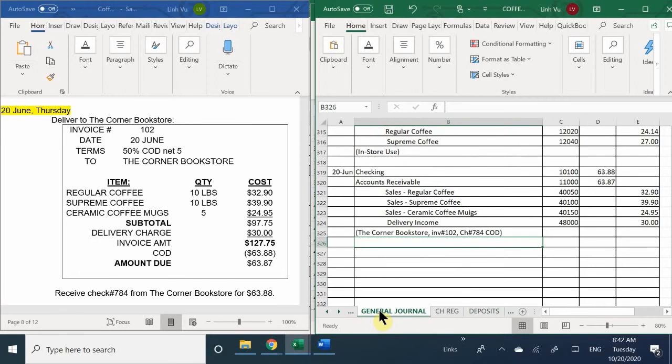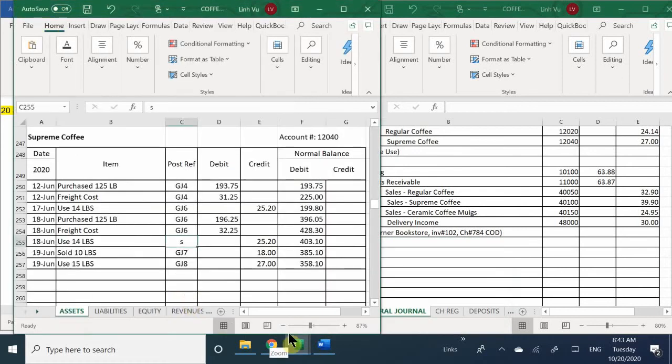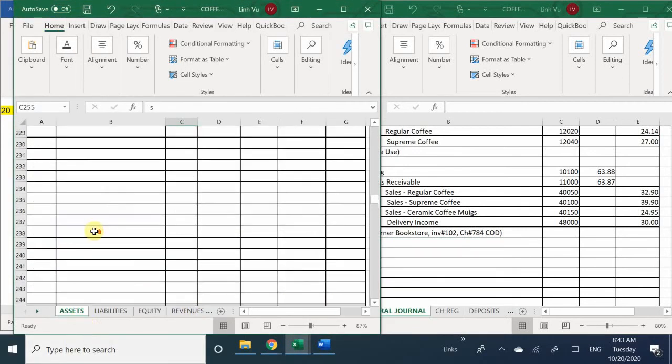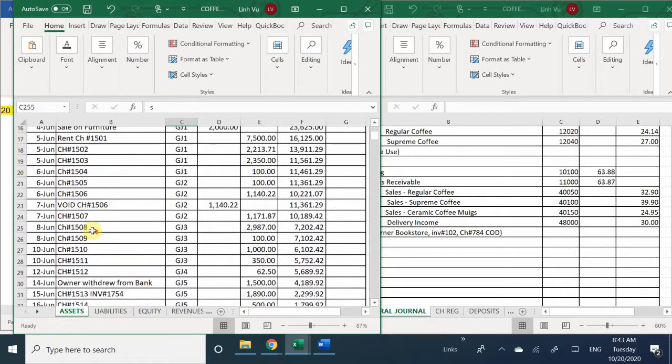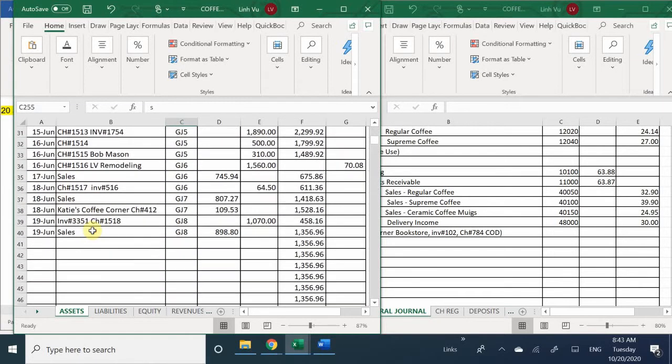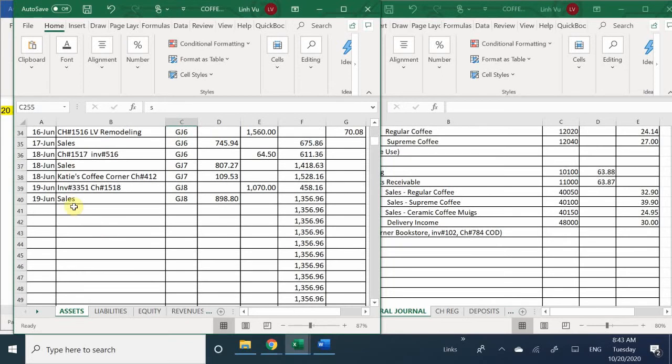Now what? Go to your general ledger, and we're going to go to checking, asset. Here we are, checking. If you're using the paper worksheet, you should have already hit your second page.